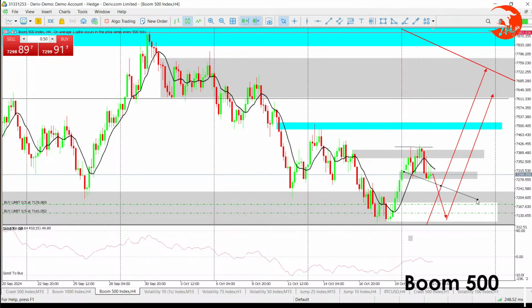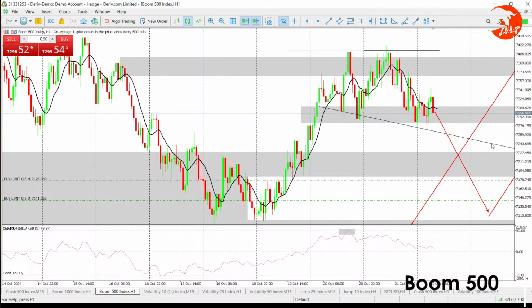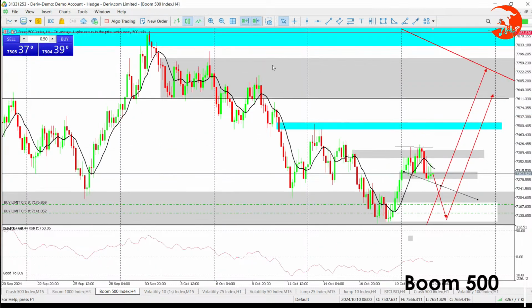If you have something like that, it means we may see some consolidation happen, taking us all the way below, as this trend line is slanting, just like the way this trend line is slanting here on H4. So we have to be ready for whatever it gives us, but what I know is we are still looking for buys to take us up there.